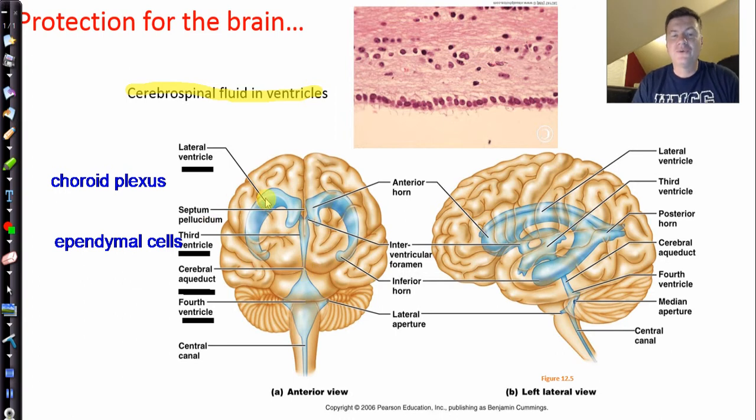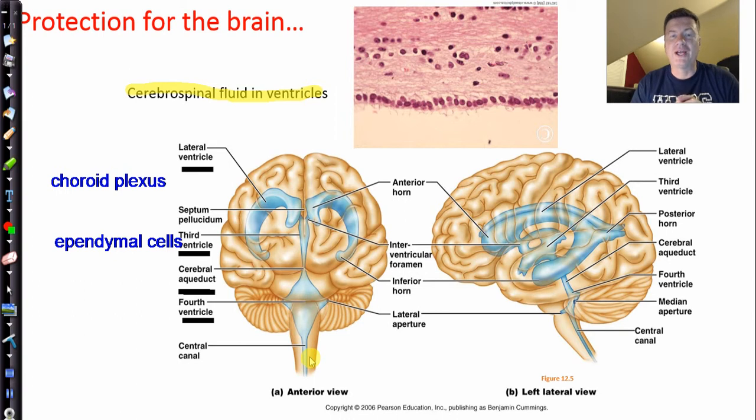But again, it's going to be formed in the roofs of the ventricles. It's going to eventually flow, if you kind of follow the arrow here, it's going to flow into the third ventricle and eventually the fourth ventricle, and then it will flow either through the central canal, which actually goes right through the spinal cord, or it'll go around in the subarachnoid space.